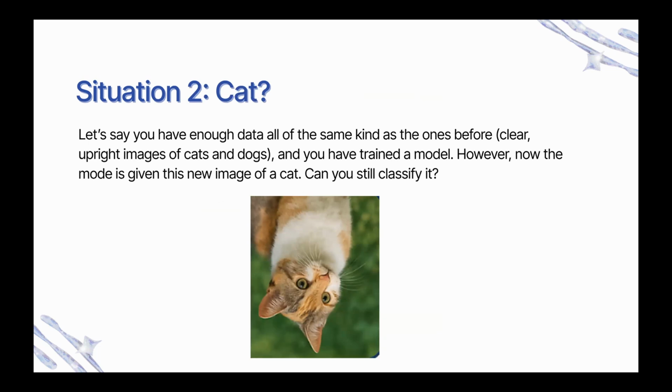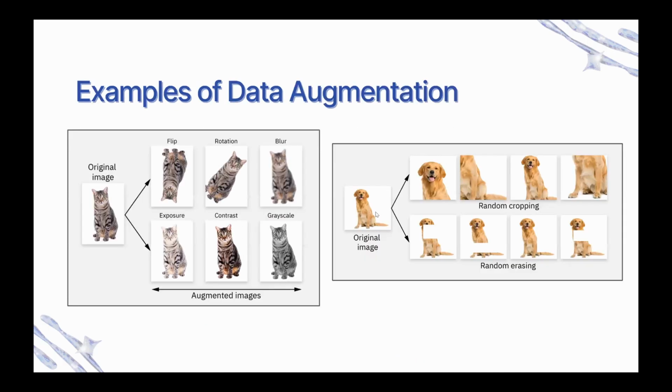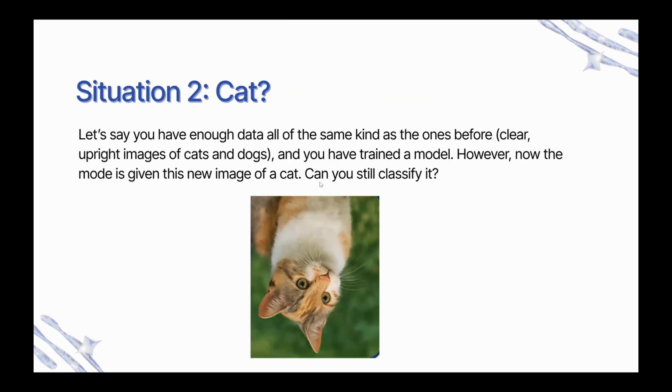If you take these cat images and you apply a flip, you zoom in, you zoom out, a lot of different cat images like this, you can see that it will eventually maybe capture an upside down cat that is not completely in frame.